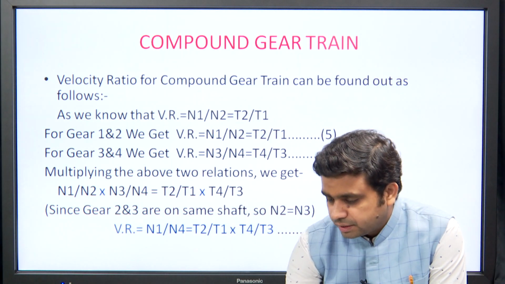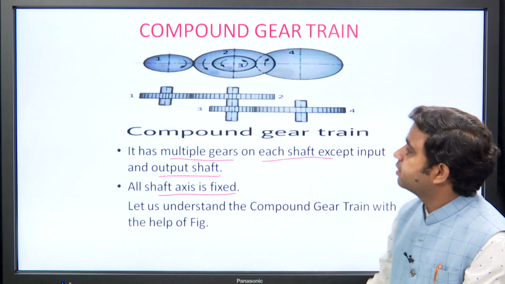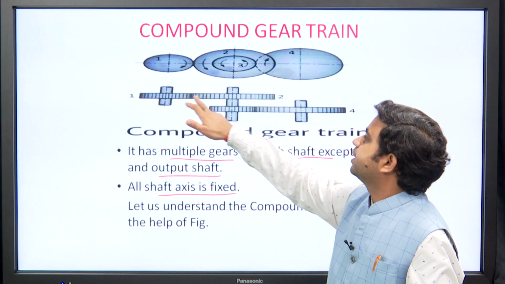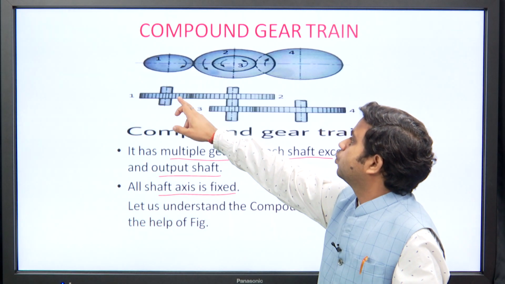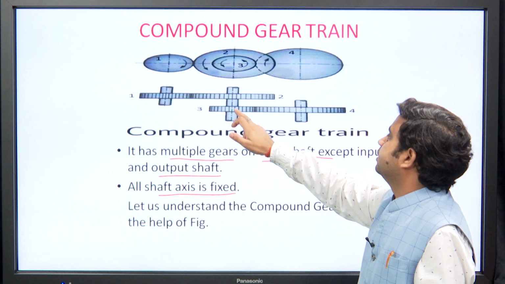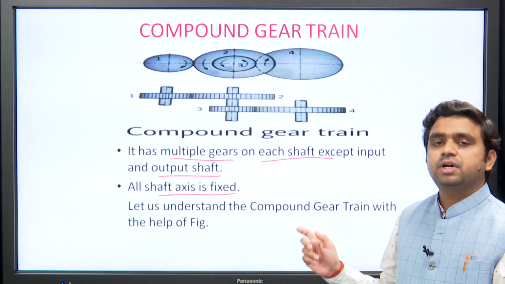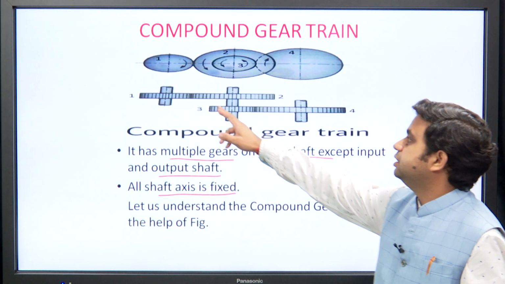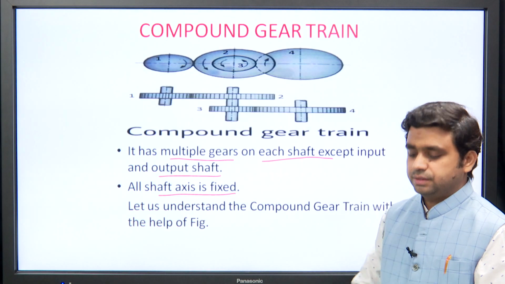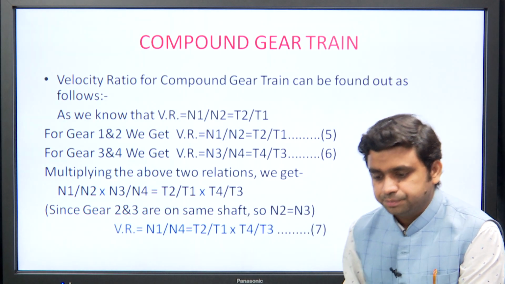And in this compound gear train, we have 2 pairs of meshing gears. Gear 1 is in mesh with 2 and gear 3 is in mesh with 4. So, we will apply the formula of velocity ratio on these 2 pairs of gears. Let us see how.